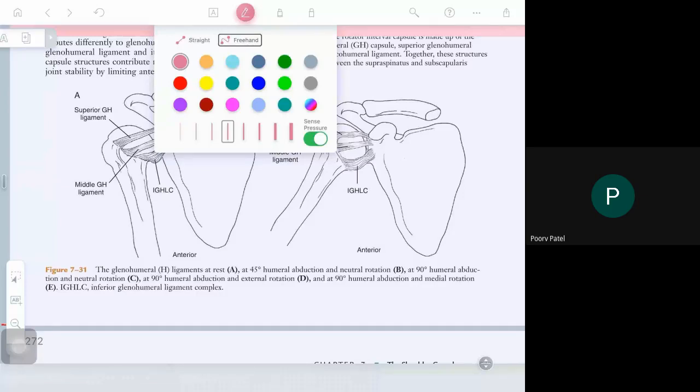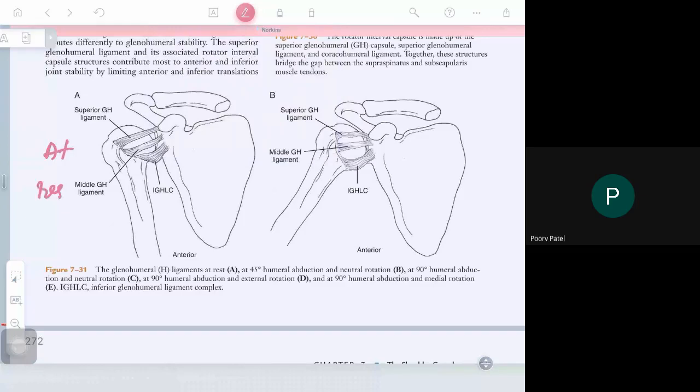At rest, you see the ligament position: superior, middle, and the inferior glenohumeral ligament complex. This is the position of the ligaments.